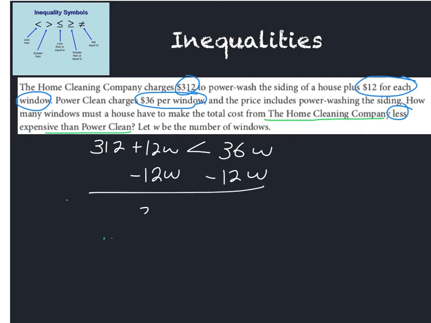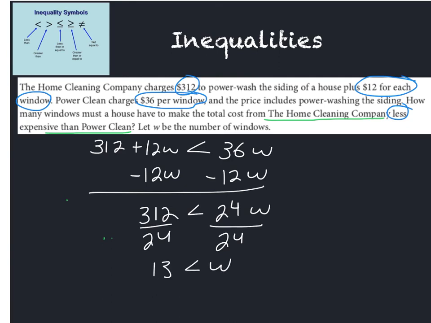And we'd be left with 312 is less than 24W. Sorry about that, it was supposed to be 24. And then you would just divide by 24 on both sides. And 312 divided by 24 is 13.